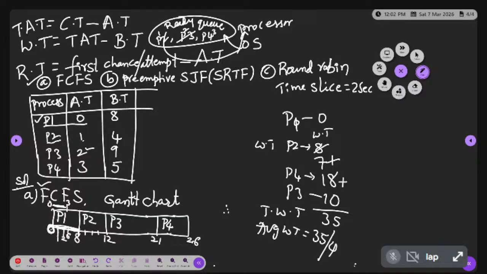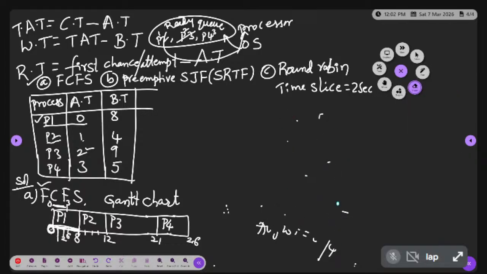Most importantly, if you know this Gantt chart, you will know all these terms: turnaround time, waiting time, response time, completion time, everything. So here, note down this Gantt chart. Note down this one only.